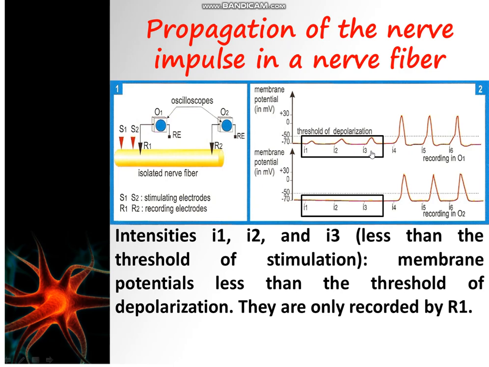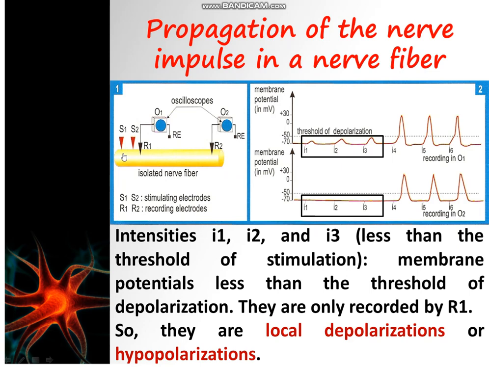And as you see, this increase of membrane potential is recorded by R1, which is near to the site of stimulation, and is not recorded by R2, which is far from the site of stimulation. This means that this little increase of membrane potential is unable to move, unable to displace, and we call it local depolarization or hypopolarization.